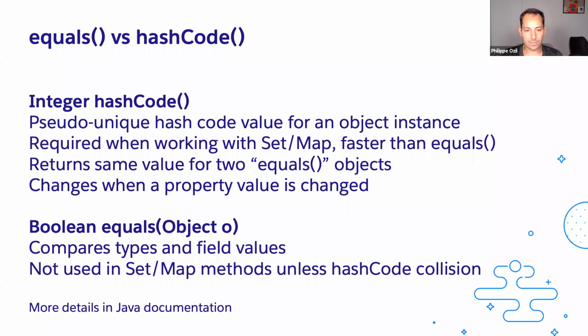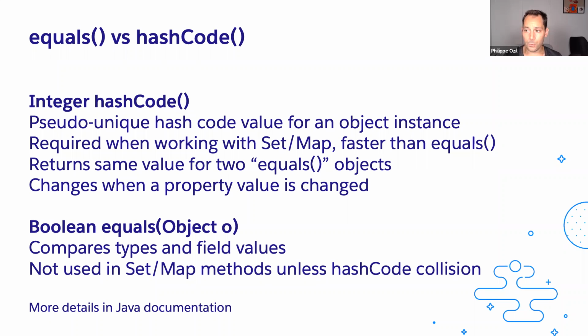In that case, if there is a collision between two hash codes, the Apex engine will fall back to the equals method. The equals method works as well, but it's a bit more costly than a hash code call, because it does a bunch of comparisons between the objects. There's some conditional logic behind it, which is more expensive than simply comparing two integers retrieved with hashCode.